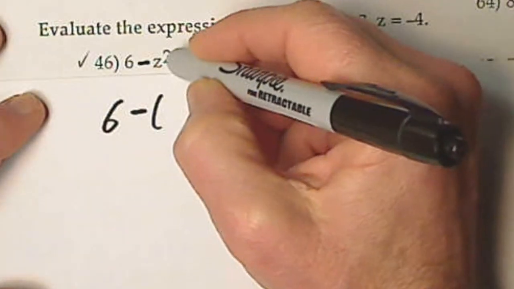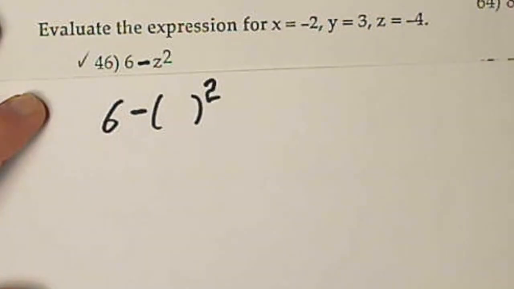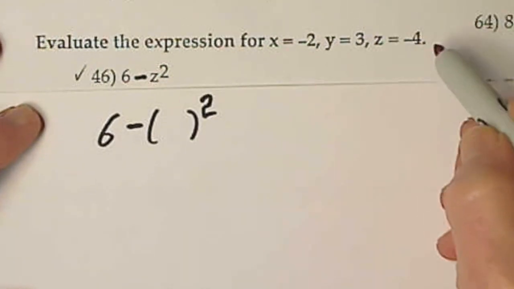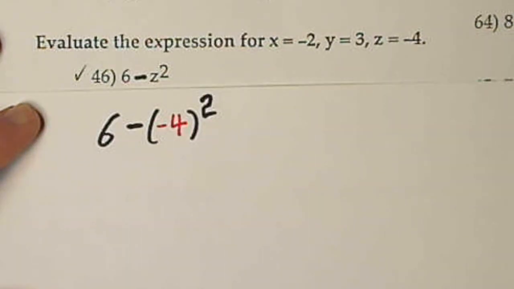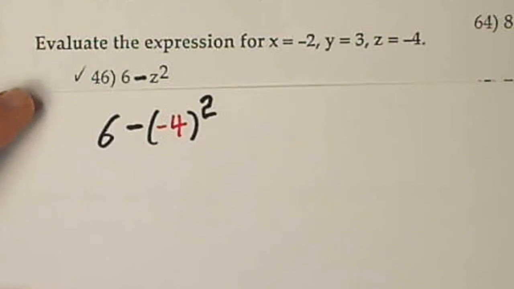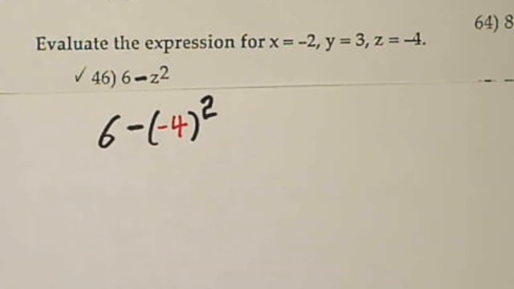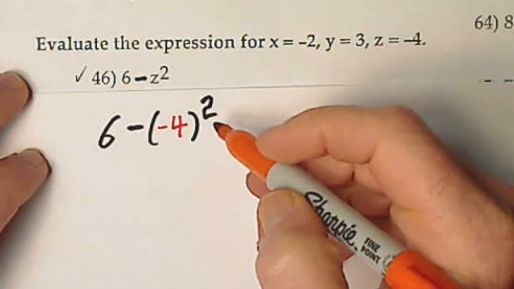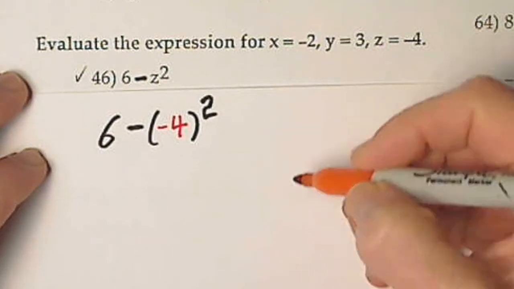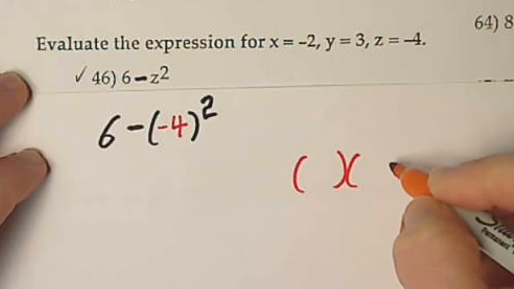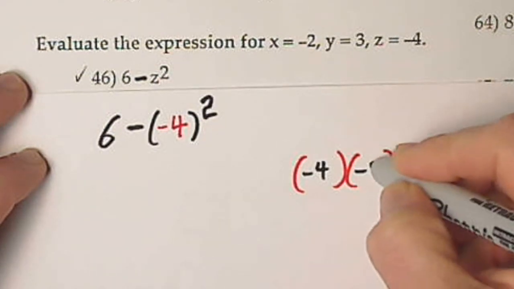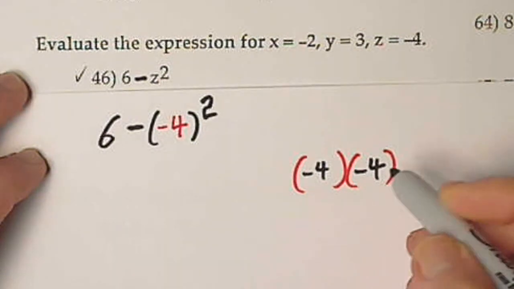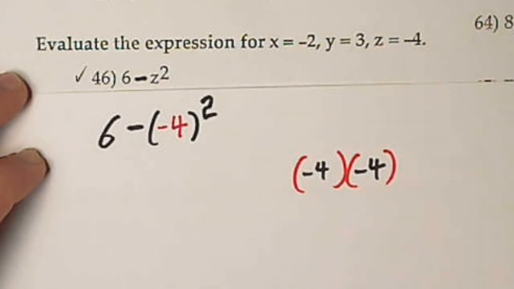All right, this squared is going to sit right up there. And now they tell me that z is -4, so I put my -4 inside the parentheses. And remember, the exponent only applies to the very first thing it touches. So this means we have, I'll do my calculation off to the side, 2 sets of parentheses with -4 inside each one. And -4 times -4 is a positive 16.